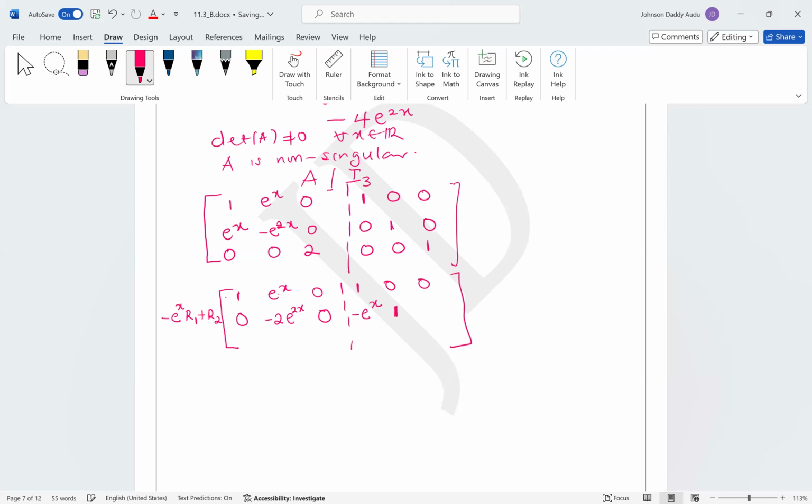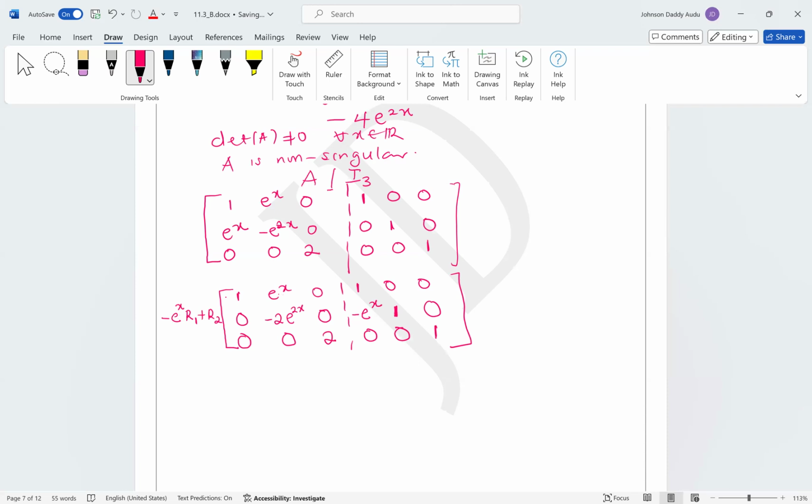Minus e^x times 0 plus 0 will still remain as 0. And here we have 0, 0, 2, 0, 0, 1.